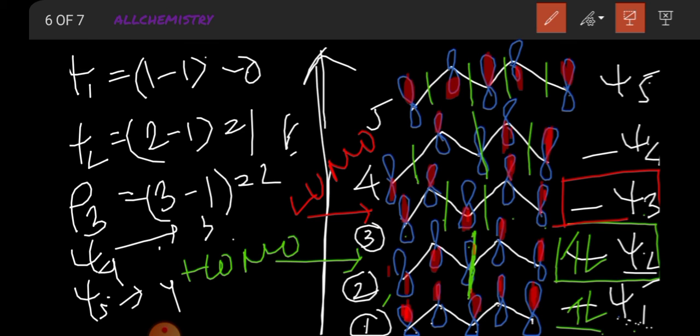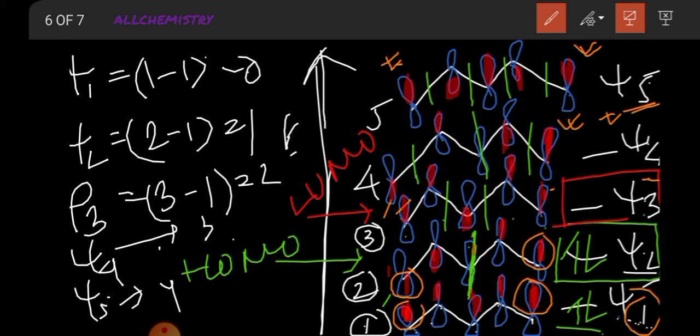Okay, now look at one thing here. This is psi 5, an odd energy level. In an odd energy level, the two corners are on the same side. In even psi 4, the corners are on different sides. In psi 3, odd, again corners are on the same side. For psi 2, corners are on different sides, and for psi 1, corners are on the same side.